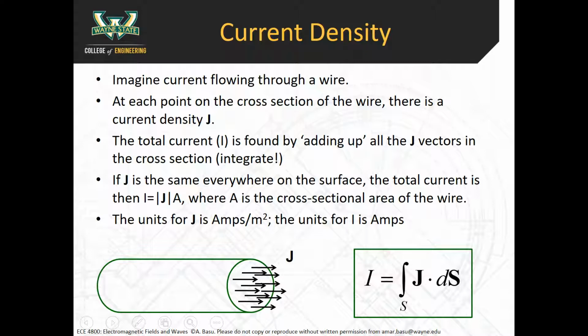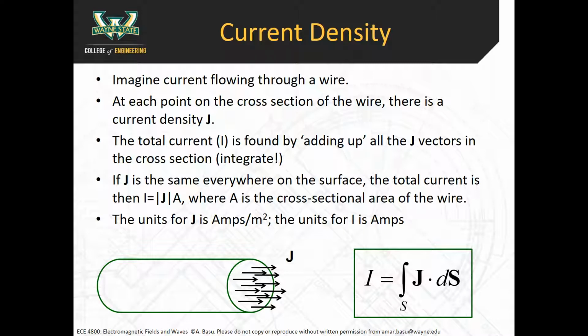When you integrate, that means you're adding up. Integration means adding up. So J dot ds. So what is ds? Imagine you have a cross section here. So in this case, it's a circular cross section. The magnitude of ds is the differential area. So in the case of a cylindrical coordinate system, it would be r dr d phi.